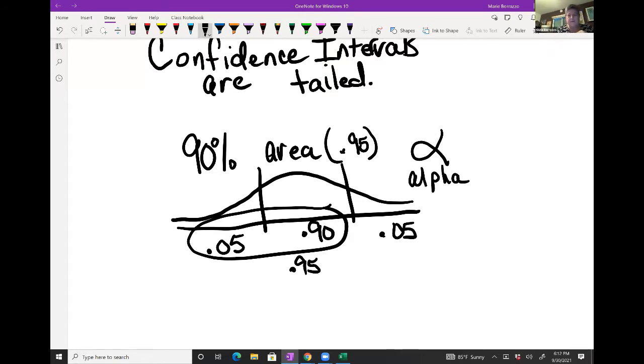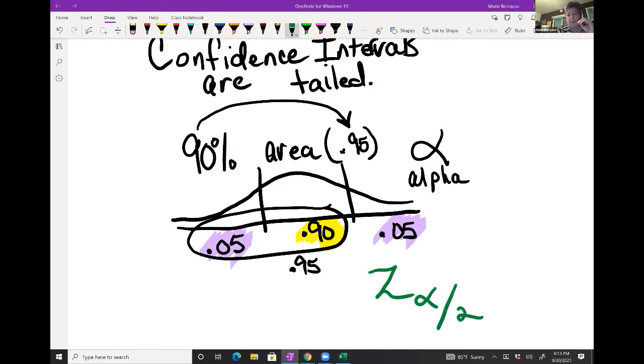So whatever alpha is, in other words, whatever the area is, if you notice, my area becomes 0.95. Once again, I cannot stress enough. If you look right here, there's your 90%. Here's the first half of the alpha. Here's the second half of the alpha. But when I look up the critical Z, which is this funny looking symbol that I drew here, it's basically this area.